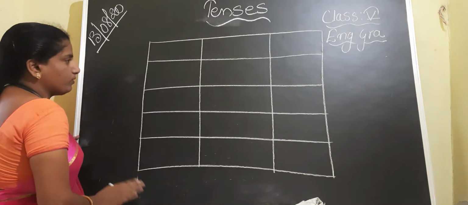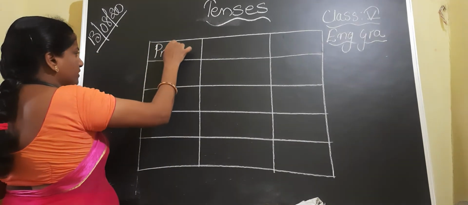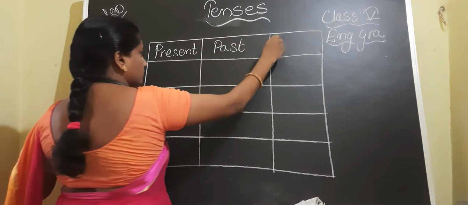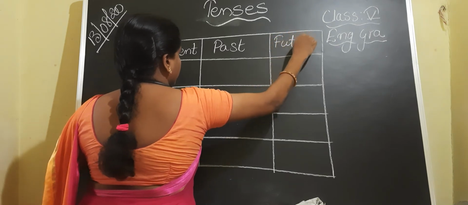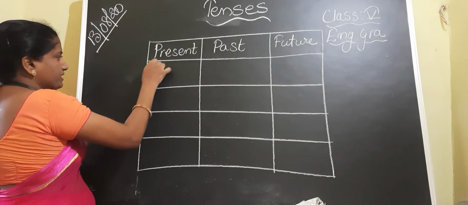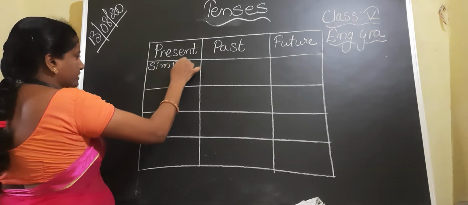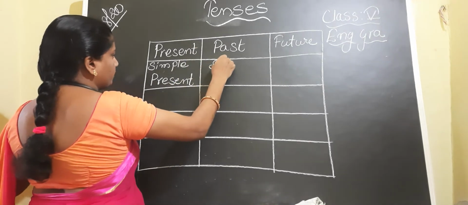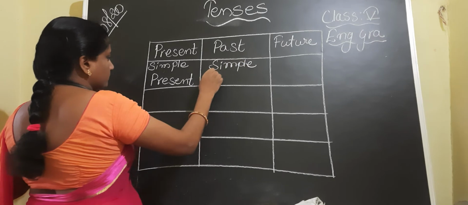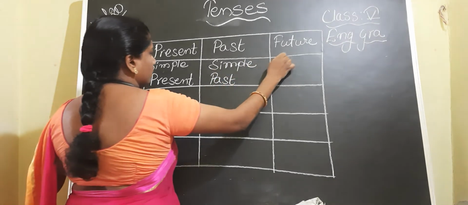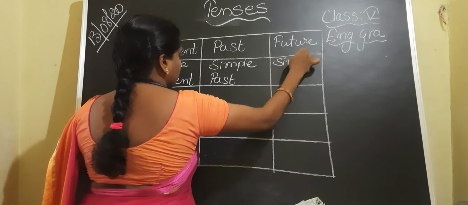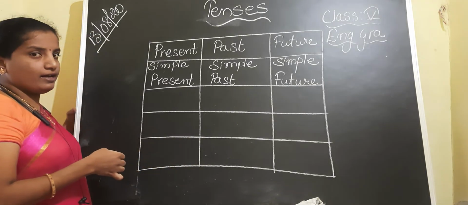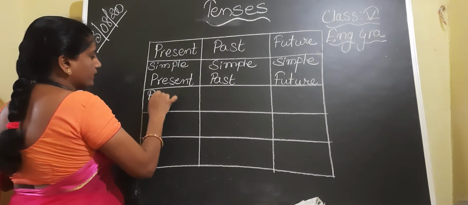Okay, this is a tabular form. This is present tense, children. Past, future. Okay, now first name, simple: simple present, simple past, simple future. All the simple tenses, easily you can memorize in this way. Next children, continuous. All the continuous tenses.